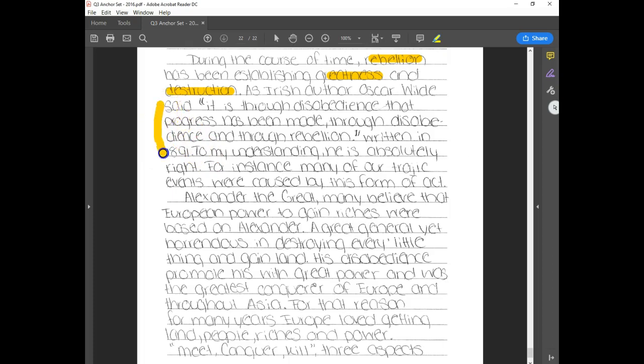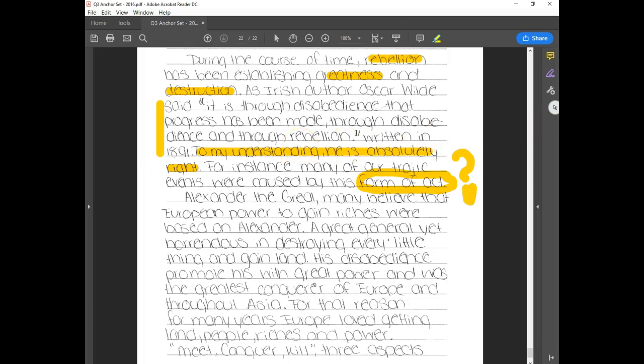Okay, so they're repeating the prompt. To my understanding, he is absolutely right. Okay, so they have a position. For instance, many of our tragic events were caused by this form of act. So that, I don't know what that means. So that already, there's confusion there.